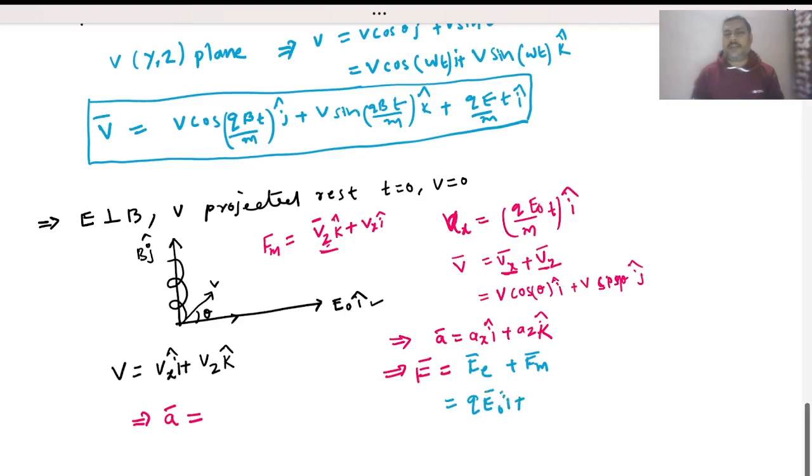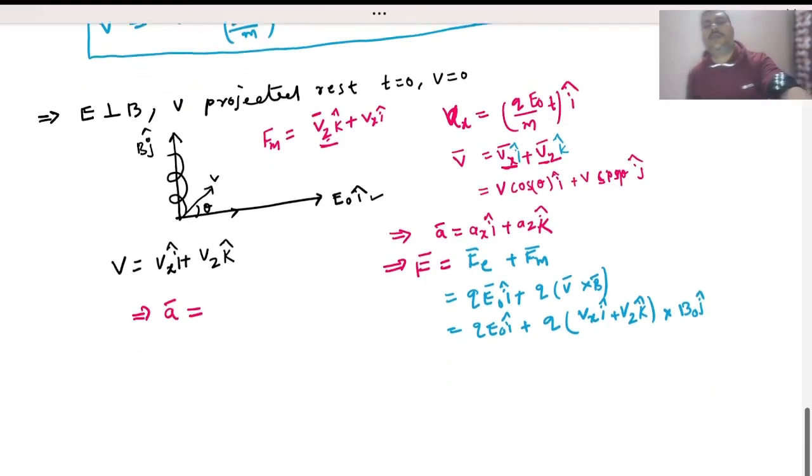So now F is equal to q into E plus v bar cross B bar. That equals qE naught i cap plus q into v bar, where I take vx i cap and vz k cap. So write down vx i cap plus vz k cap cross B naught j cap.